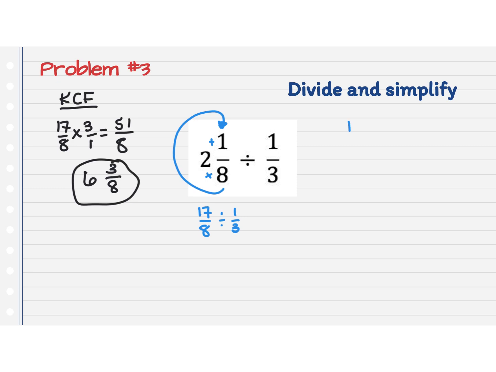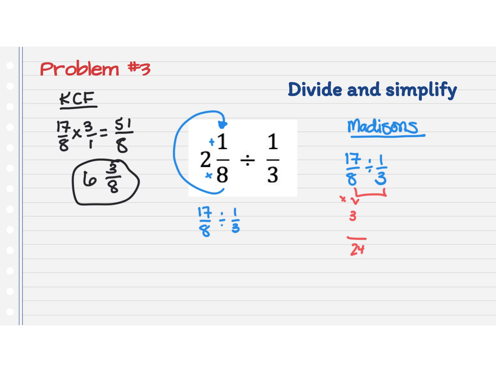I'll do Madison's method over here. Again, we know we have 17 over 8 divided by 1 over 3. We are looking for our common denominator. In this case, it's going to be 24. So we're going to have to figure out how do we get to 24 from 8. We want to multiply by 3 to get us 24 on the bottom.